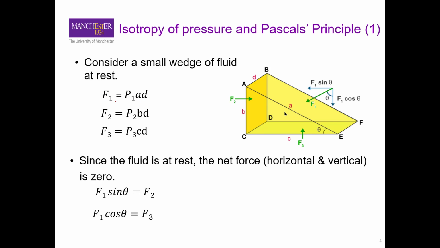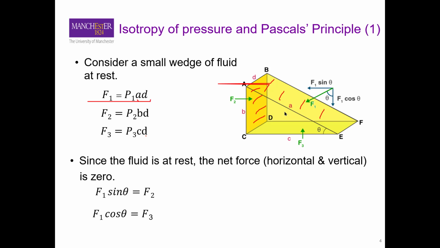So F1 is equal to P1 times the area that is perpendicular to its direction, so we have AD, that is the area of this plane here. Then we have F2 that is P2 times BD, and BD is the area that is perpendicular to force F2. And then we have F3 that is P3 times CD.